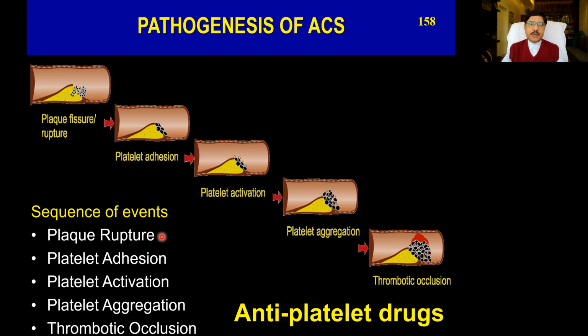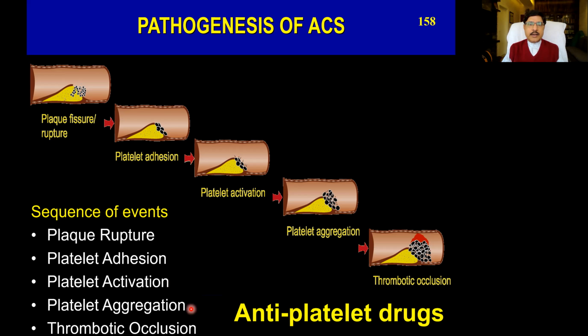The steps are: there is a plaque buildup first of all, and that plaque becomes vulnerable. Vulnerable plaque becomes ruptured. Ruptured plaque attracts platelets, platelet adhesion, and then they get activated. Activated platelets release mediators which call more platelets and also the other cells.